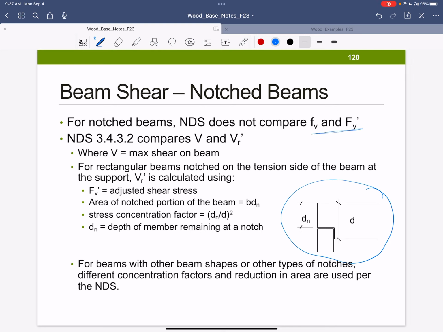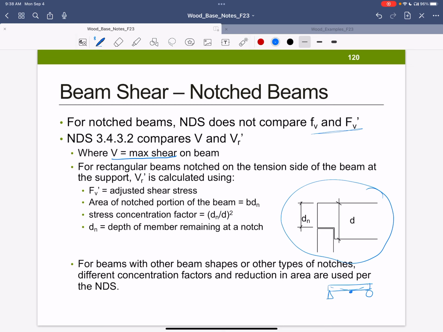We actually look at the force. So we compare the maximum shear, V. Okay, we're going to look at the maximum shear on the beam, the design shear for rectangular beams notched on the tension side at the support. Right, so if this is a simply supported beam, it goes like this. So the tension side's on the bottom.